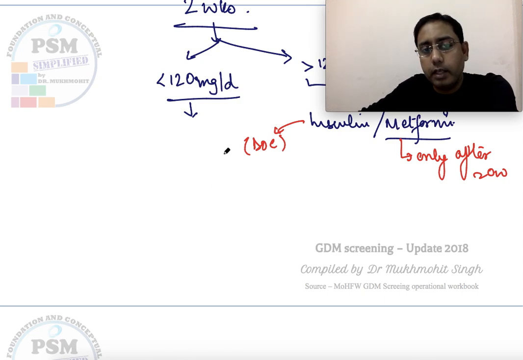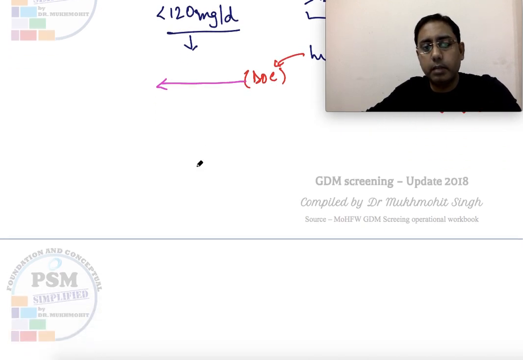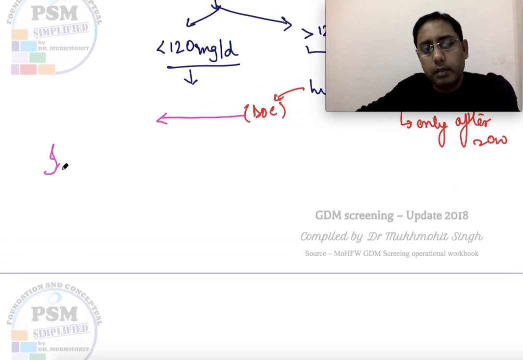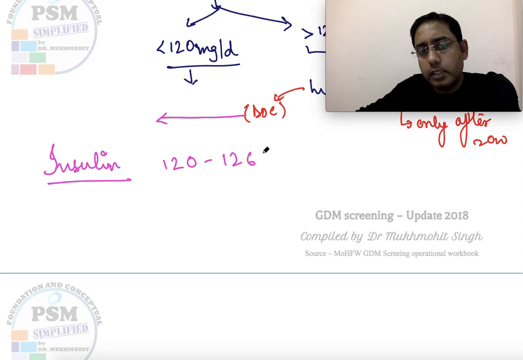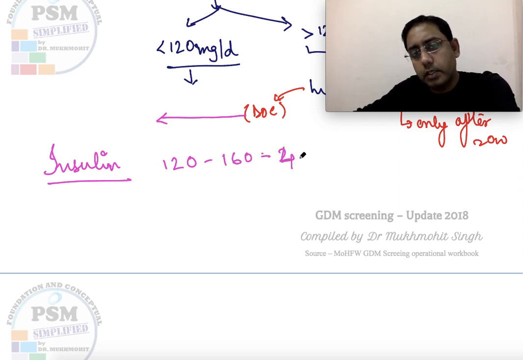So in case it is insulin, it is given in what format? Again there is a guideline in case of insulin. So let us see how to start with the insulin therapy. In GDM, insulin is given according to the blood glucose. If blood glucose is 120 to 160, the insulin given is 4 units.